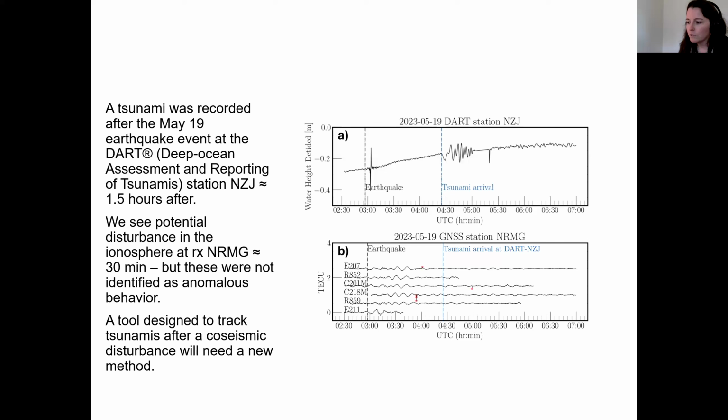And lastly, the impetus, right, is about tsunami tracking detection. In the end, right, we detect the earthquake of May 19th, but we see that there is a tsunami arrived at the DART station in ZJ about an hour and a half later.